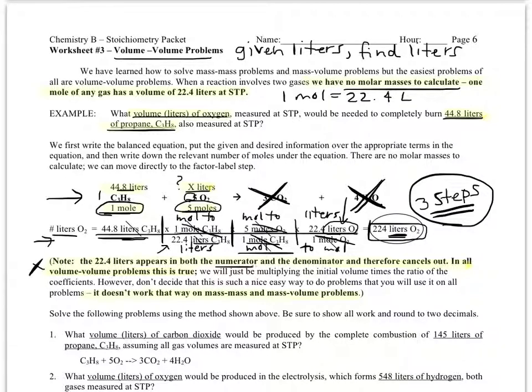In other words, both the numerator, the part on top, and the denominator, the part on the bottom, have the same number in them, which means that the 22.4 cancels itself out. And this is always true in just worksheet 3 volume-to-volume problems. What I'm saying is that in this worksheet and this worksheet alone, you could have gotten this answer of 224 liters simply by multiplying the 44.8 by the 5.